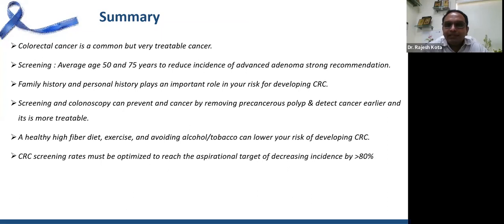Colorectal cancer screening rates must be optimized to reach the aspirational target of decreasing the incidence of more than 80% of colorectal cancers. So screening must be made known to the common public like you through these platforms. And we come on special occasions like Colorectal Cancer Awareness Month in March to create awareness among the general public.